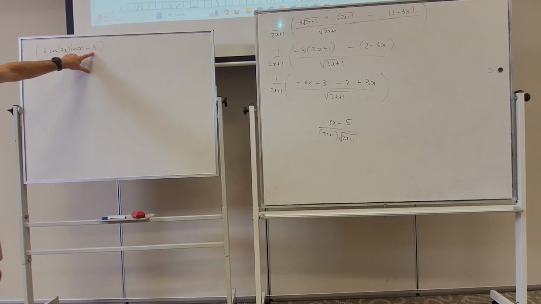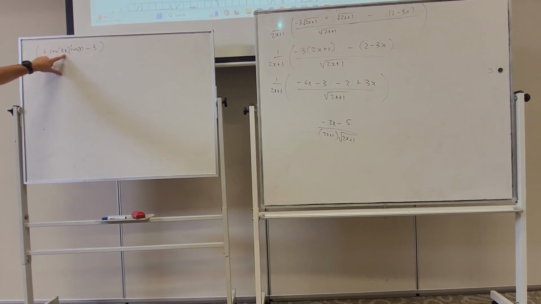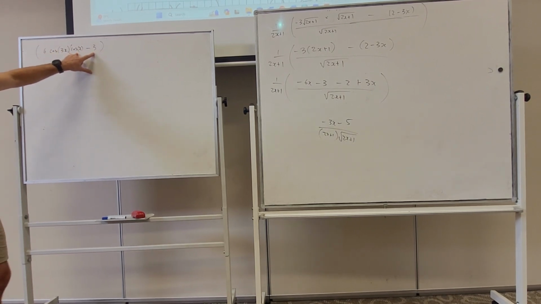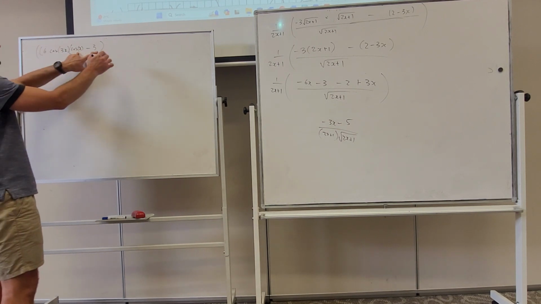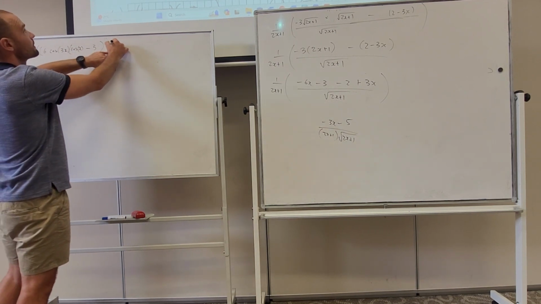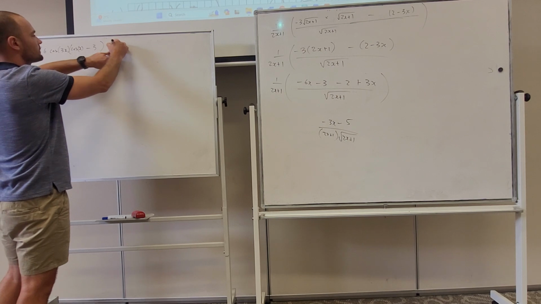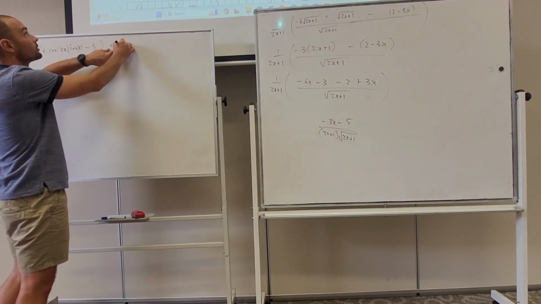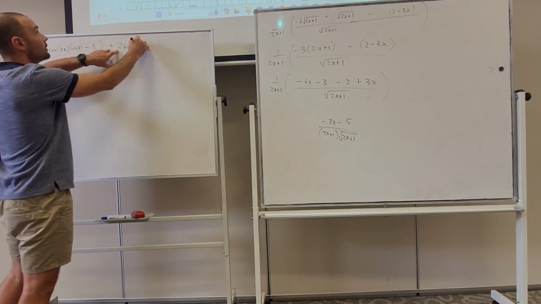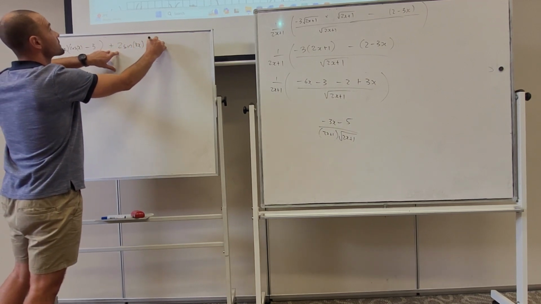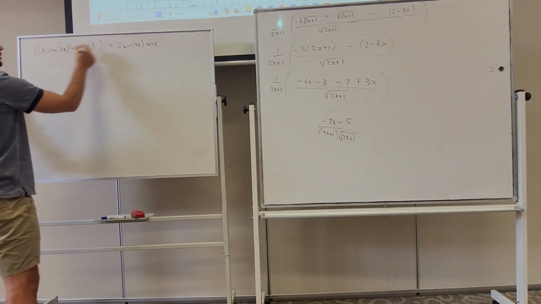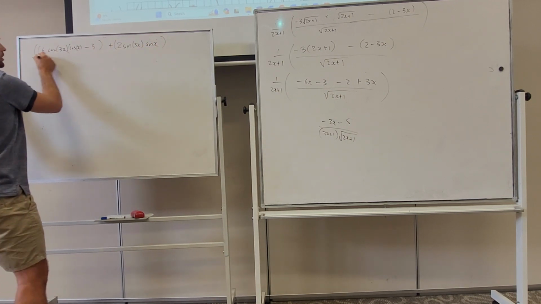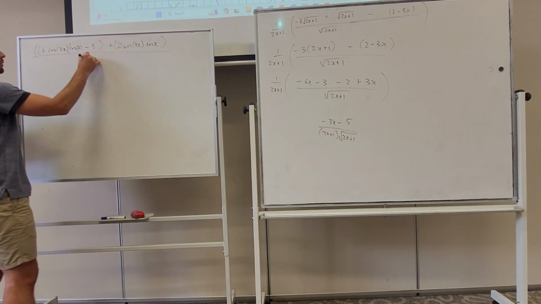Make sure we get brackets in the right spot. u dash v, good. And then we have take away negative, so take away u, so it becomes positive 2 sine of 3x, sine of x, all on top of v squared.